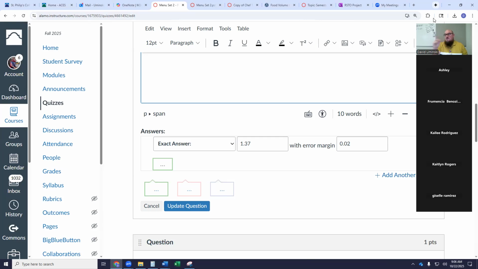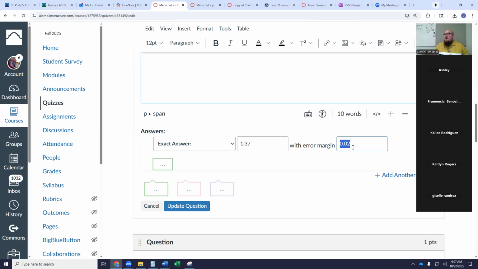And so, one, I know math is hard enough. I don't want you to get extra frustrated. And 2, I don't want you to be frustrated when you got the answer correct. And so what I've done when I created these quizzes is I've given you a margin of error. Okay. So in this case, the margin of error is 2 pennies. So you could answer anything from $1.35 to $1.39.